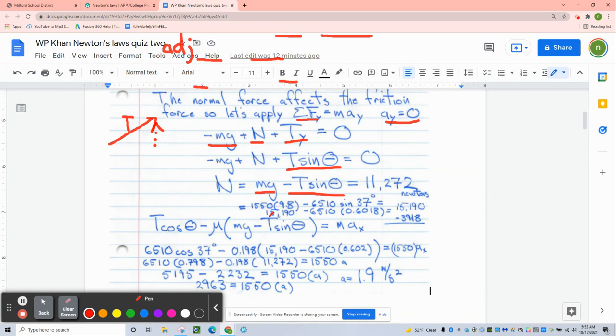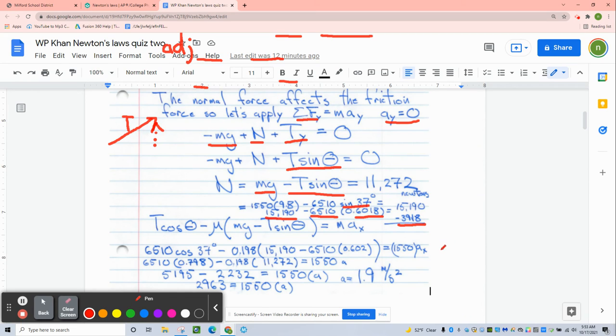The weight is the mass, 1,550 kilos multiplied by 9.8. That's 15,190 newtons. Sine of 37 degrees is 0.60. So if the tension is 6,510 newtons, 60% of that is 3,918 newtons.